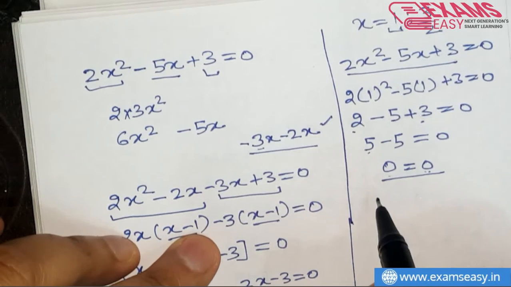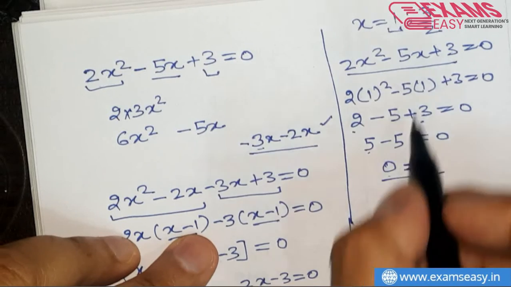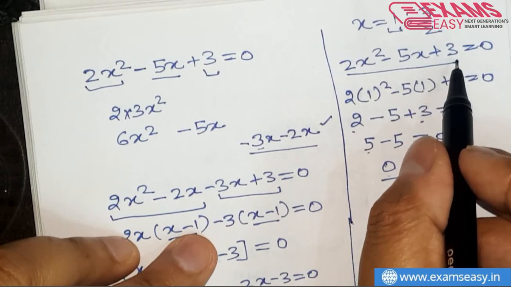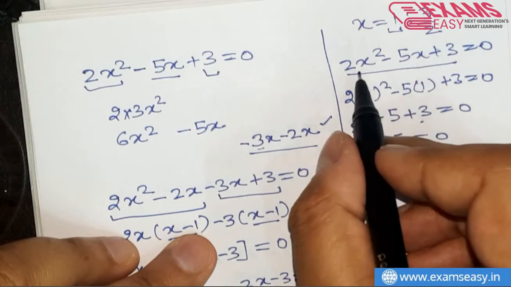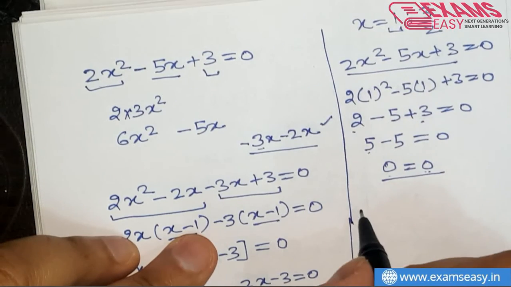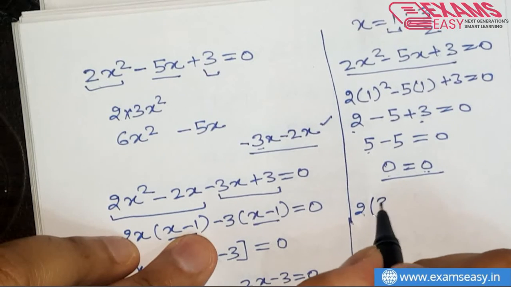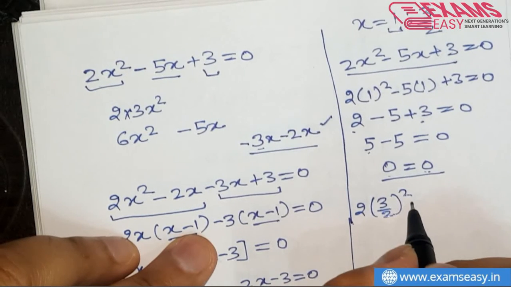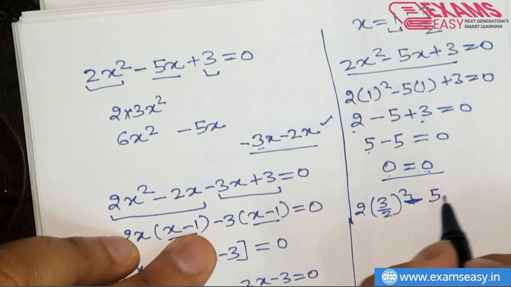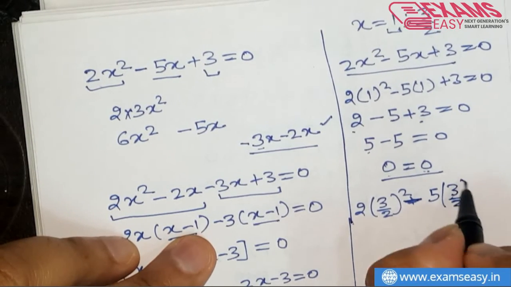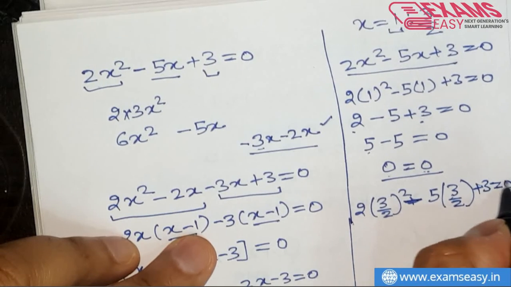So let us try with another root. Whether 3 by 2 is the correct root of this quadratic equation or not, we need to check. Putting 3 by 2 in this particular equation, we get 2 into 3 by 2 whole square minus 5 into 3 by 2 plus 3 equal to 0.